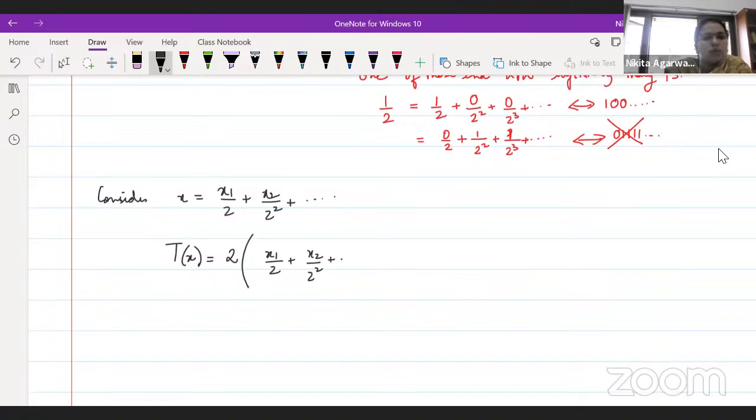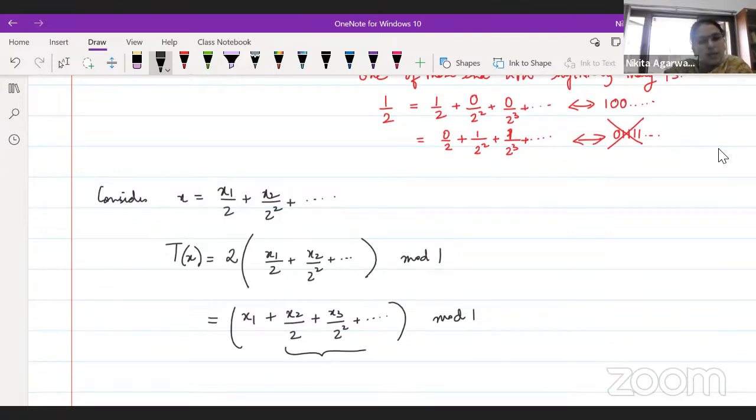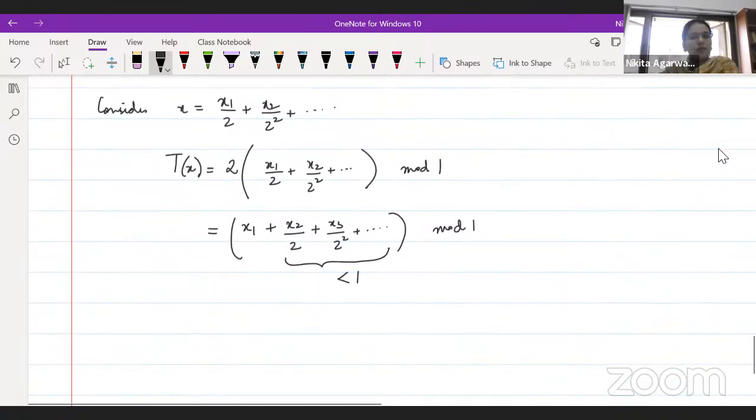So it will do this mod 1, which becomes x1 plus x2 by 2 plus x3 by 2 square and so on, mod 1. You can prove that this sum is strictly less than 1, in fact, less than or equal to half. Therefore, when you apply mod 1, it's going to act on this part.